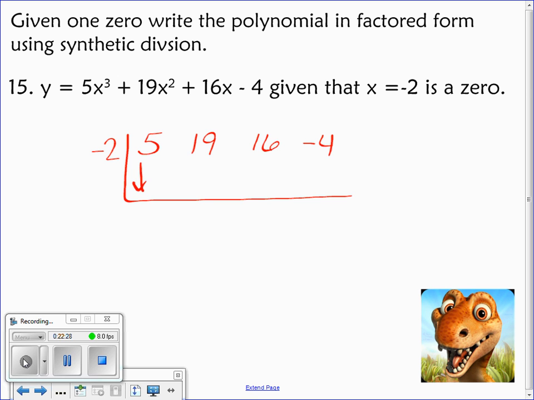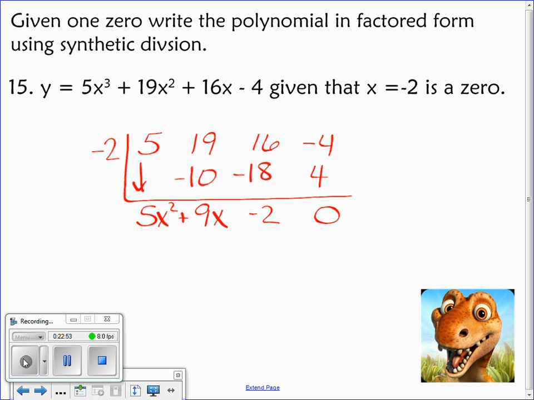All right, drop the first one down. -2 times 5. 19 minus 10. -2 times 9. 16 minus 18. -2 times -2. Positive 4. -4 plus 4. 0.